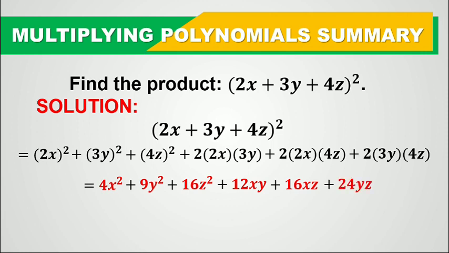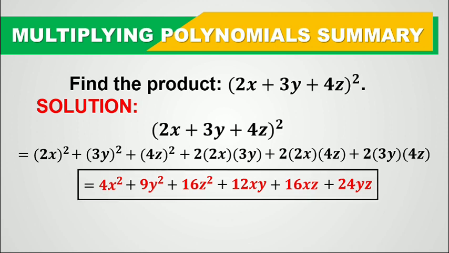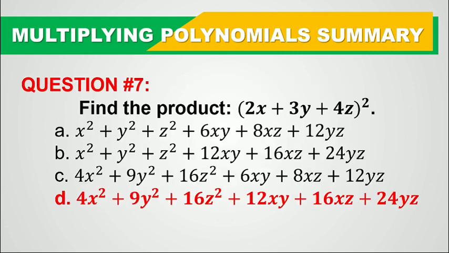And then plus 2 times 3y times 4z, that's 24yz. And this is the answer for this particular question. So 4x squared plus 9y squared plus 16z squared plus 12xy plus 16xz plus 24yz. That's letter D.